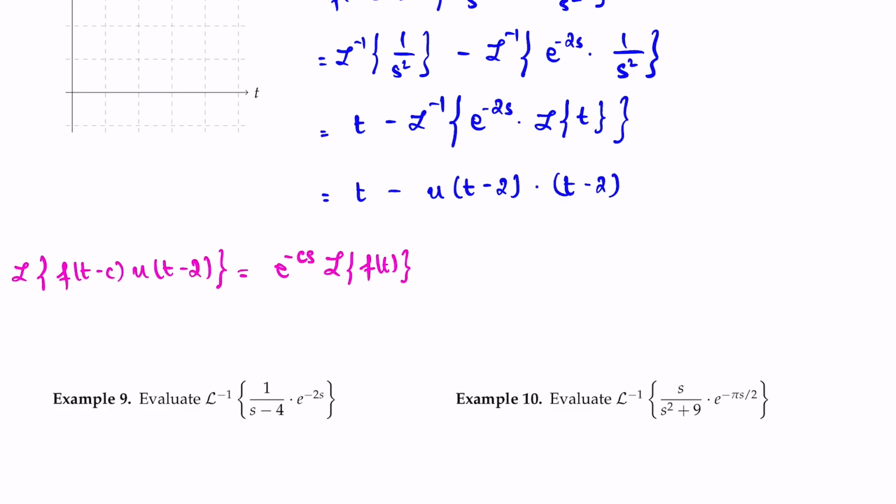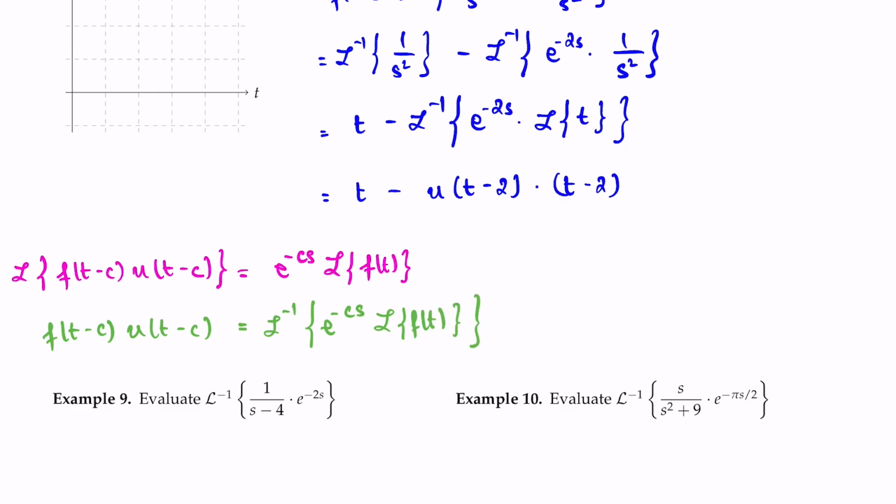Okay. So what do you have? You have this part of the formula for this example, right? What are we looking for? We're looking for f of t minus c times u of t minus c. Sorry, c, not 2. So this is what you're looking for. Okay, and the formula is the inverse Laplace transform of e to the negative cs times the Laplace transform of f of t.